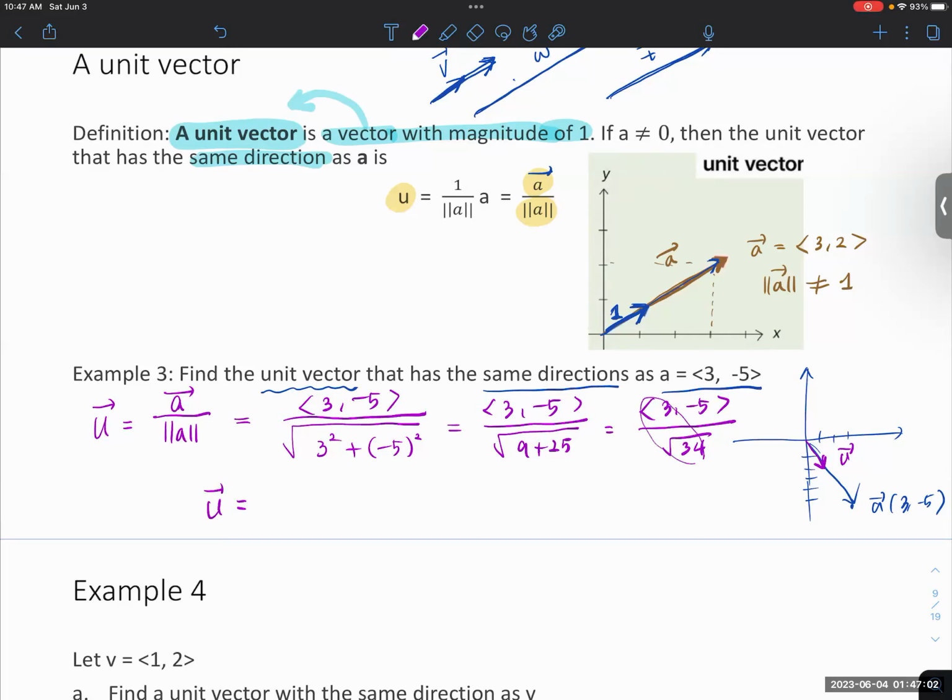One component is 3 over radical 34, another one is -5 over radical 34. So this is a very tiny vector, which is here. This is a unit vector that gives you the length 1 out of the vector A. That's what they mean.